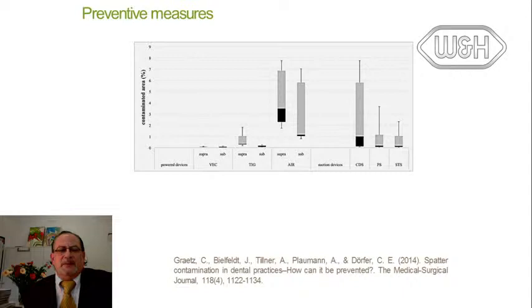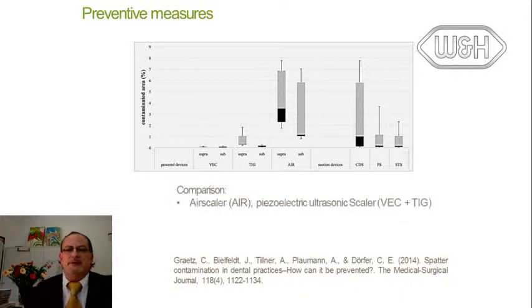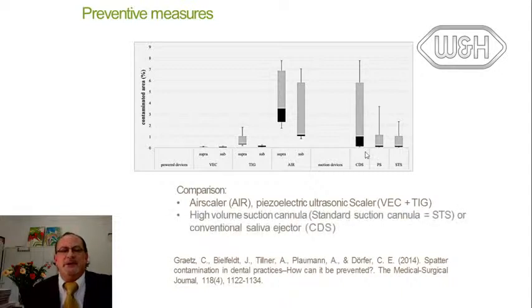So this publication was comparing the air scaler to piezoelectric ultrasonic scalers, such as the Vector and the Tigon. And we can see here the devices like the Vector, the Tigon and the air scaler, and here are the devices that were used for the suction.